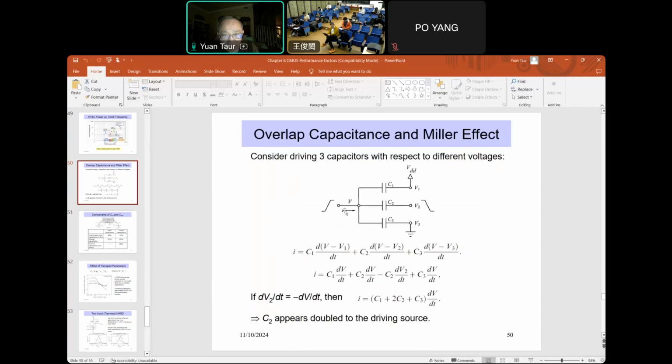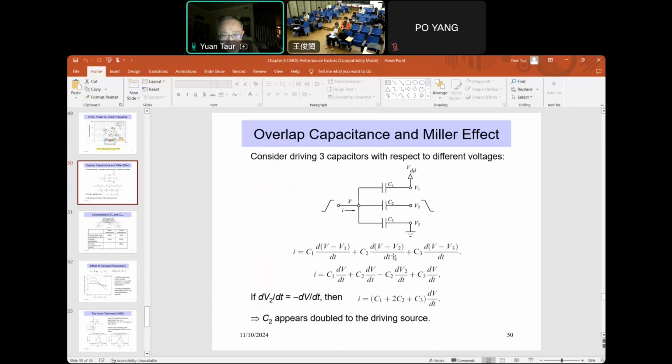The total charging current is the sum of the three currents, kind of in parallel. Each one is the voltage on the left minus the voltage on the right, d(V minus V1)/dt, and so on. But V1 and V3 are constant, so the first and third terms are just C1 dV/dt and C3 dV/dt.